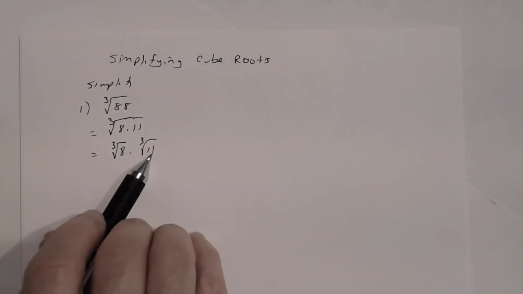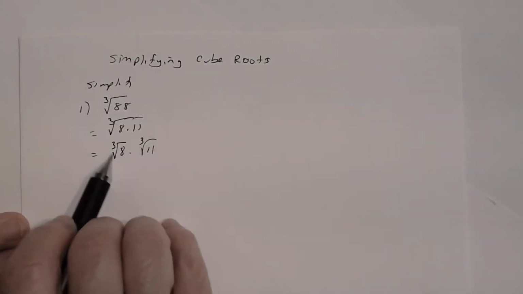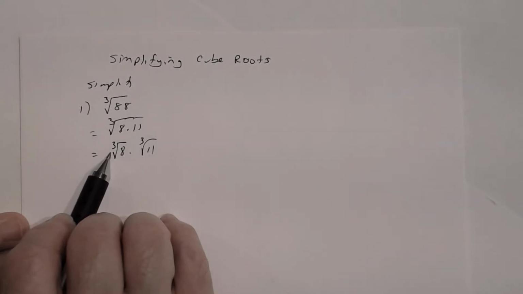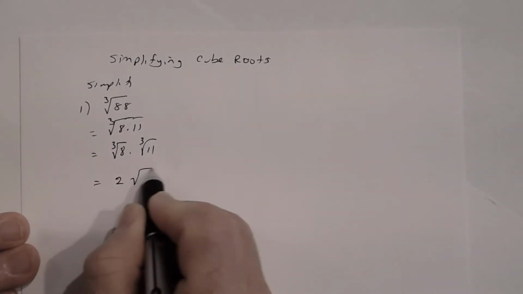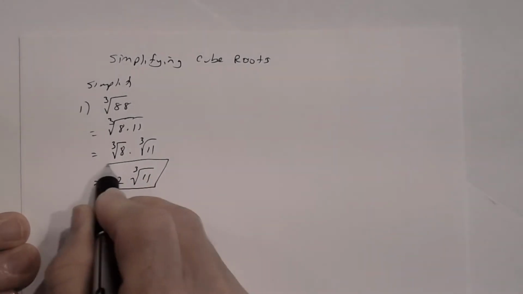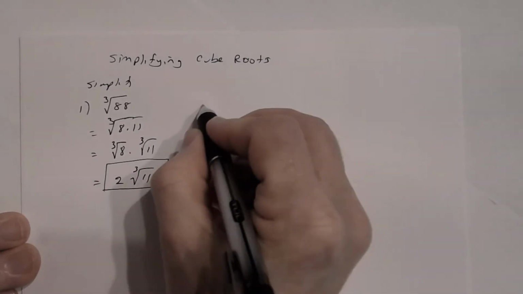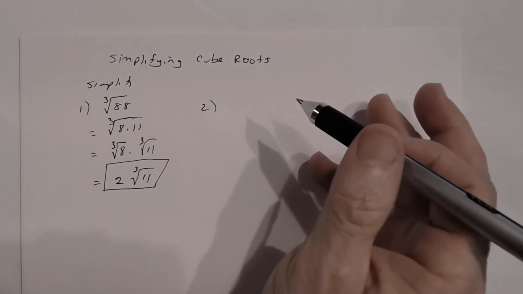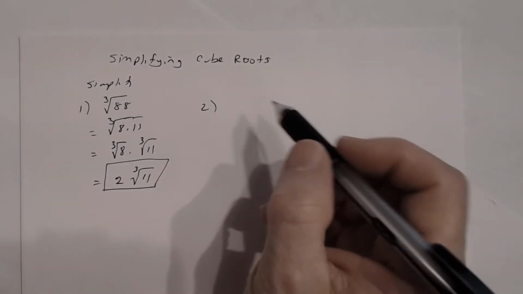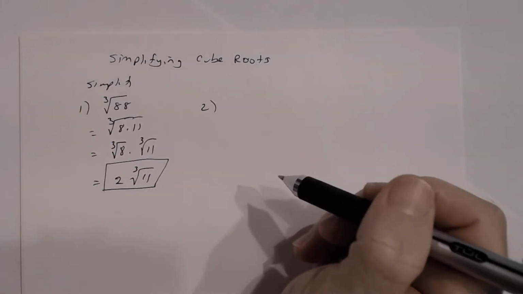So I cannot simplify that any further. But I can simplify the cube root of 8, because what times itself 3 times is 8? The answer is 2. So we get 2 times the cube root of 11. So that's your answer for number 1. All right. So it's just like simplifying square roots, except with square roots you were looking at perfect squares. With cube roots you're looking at perfect cubes.